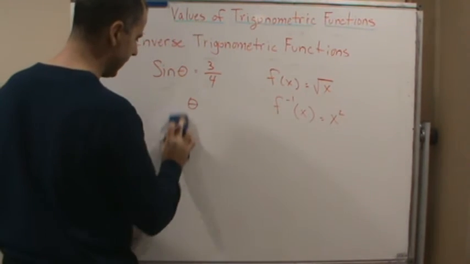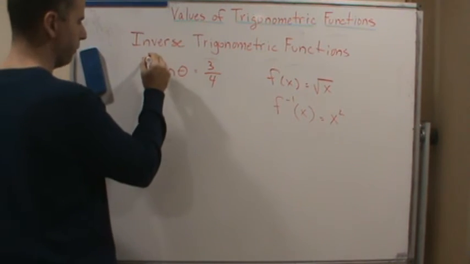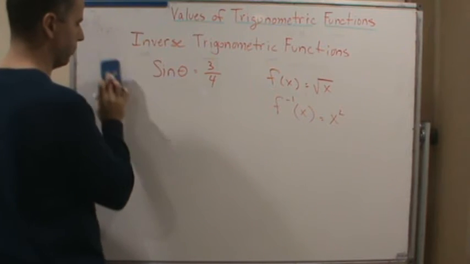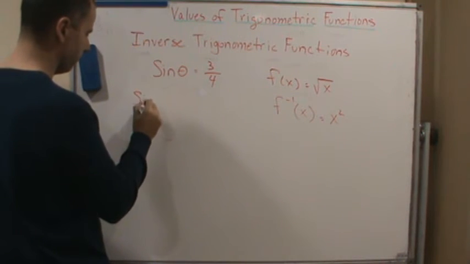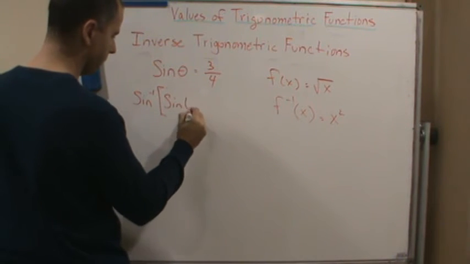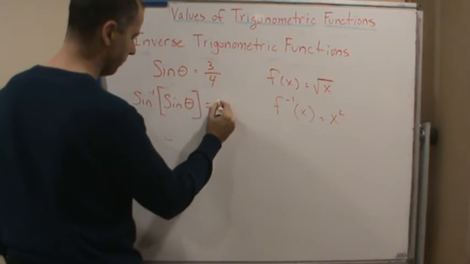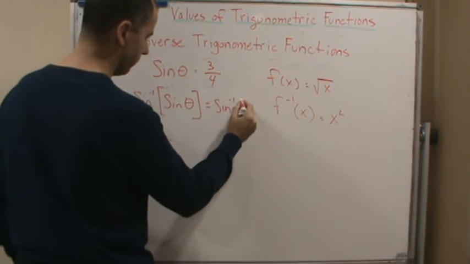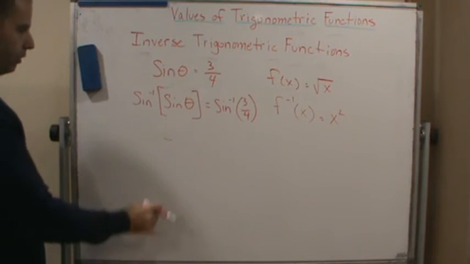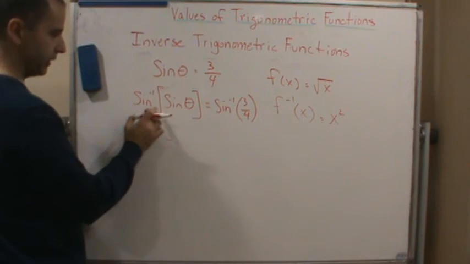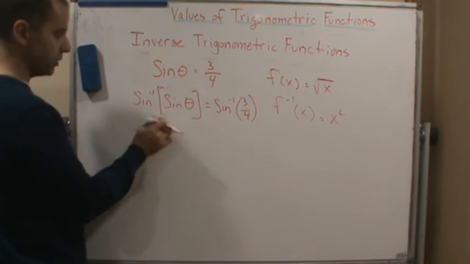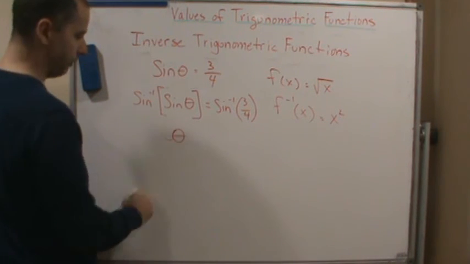Because if I take the inverse sine of both sides, so let me write it this way. Right? So now, sine and inverse sine are inverse operations of each other. So what happens? They undo each other and we get theta out of there.